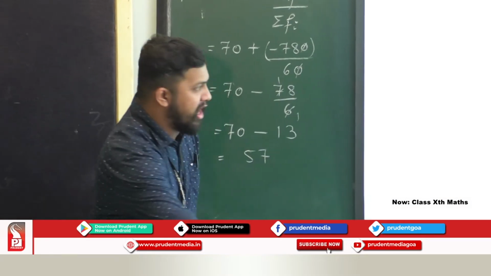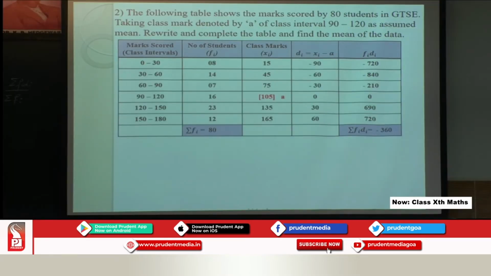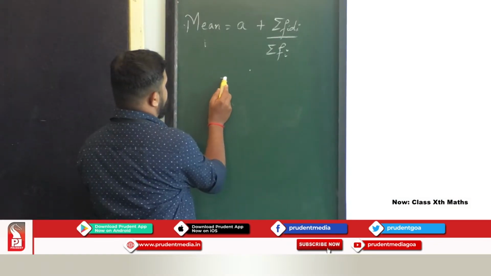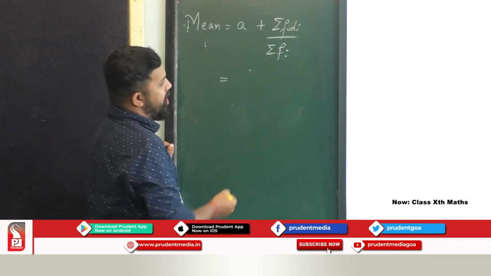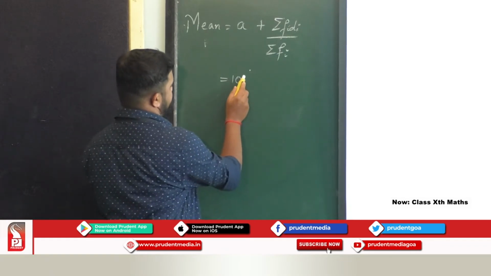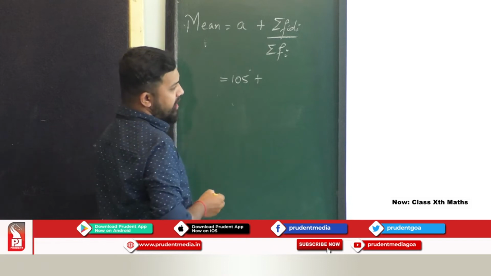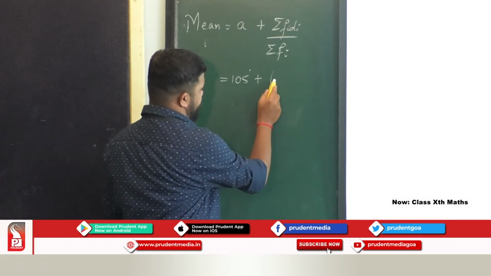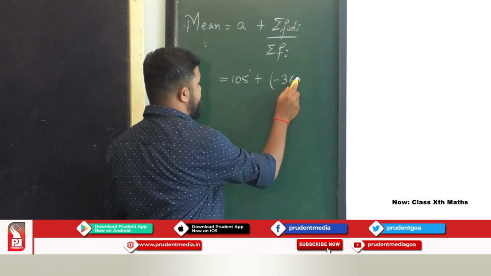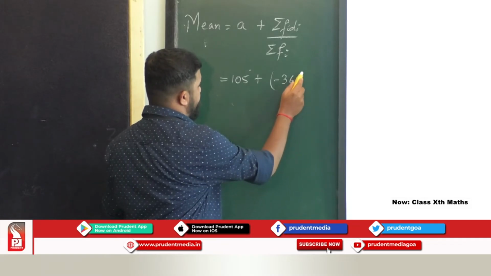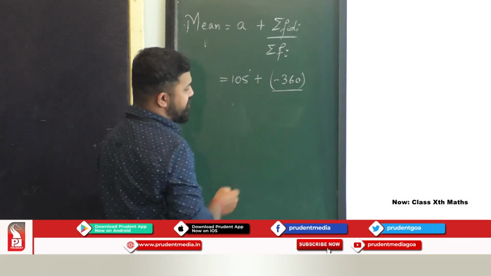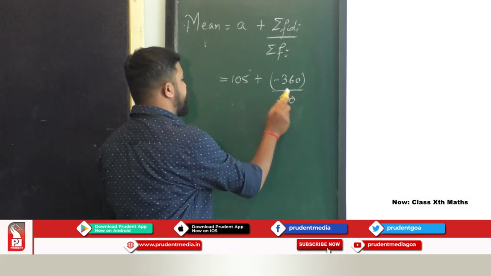Now let's find the mean. First we'll write down the formula. The formula is mean is equal to A plus summation fi di divided by summation fi. We'll substitute the values. A is 105, plus summation fi di is minus 360, divided by summation fi is 80.